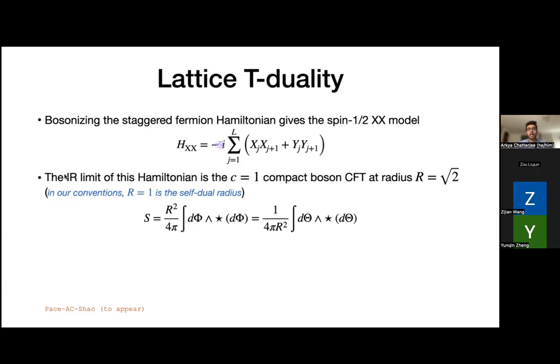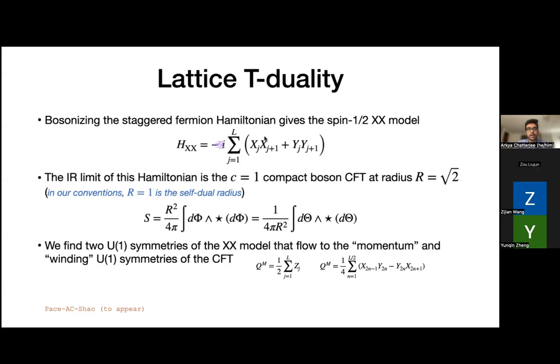And the IR limit of this Hamiltonian is the compact boson CFT. And the compact boson CFT has so-called momentum and winding symmetries. Those are the symmetries that these vector and axial charges will get mapped to under bosonization.